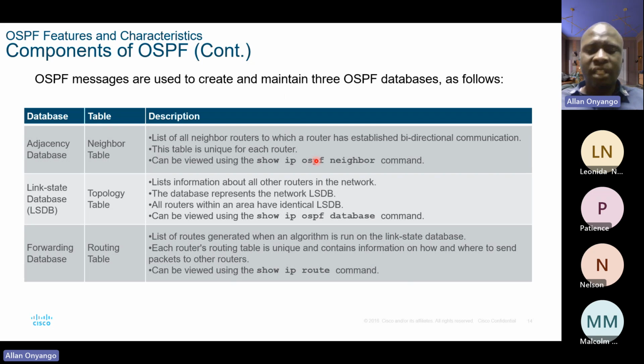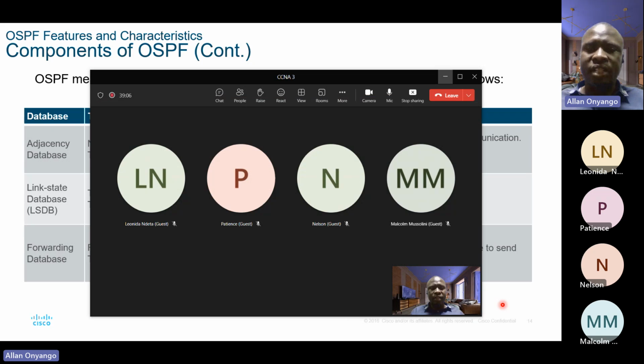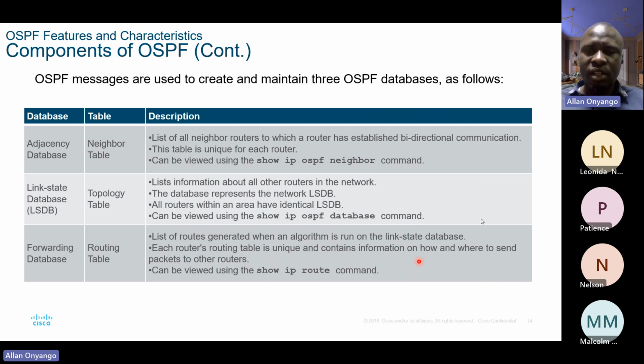We call it the routing table. So the routing table is the table that is generated from the forwarding database. Now, how do we display the topology table? Show IP OSPF database. And the routing table, show IP route. We know this one. Show IP route is used to view the routing table information.